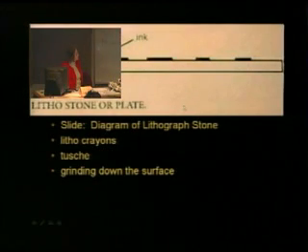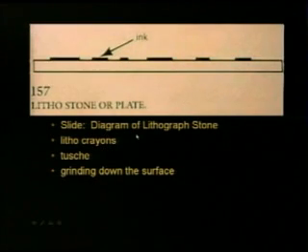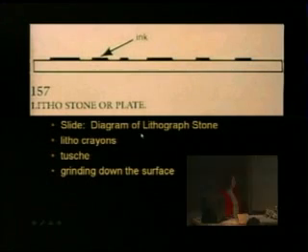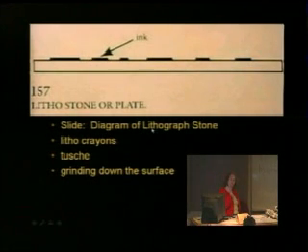Then another technique is called lithography, or it's actually, the technique is called planography, but the typical kind of print that's made in this technique is a lithograph, and so often the technique is called lithography.